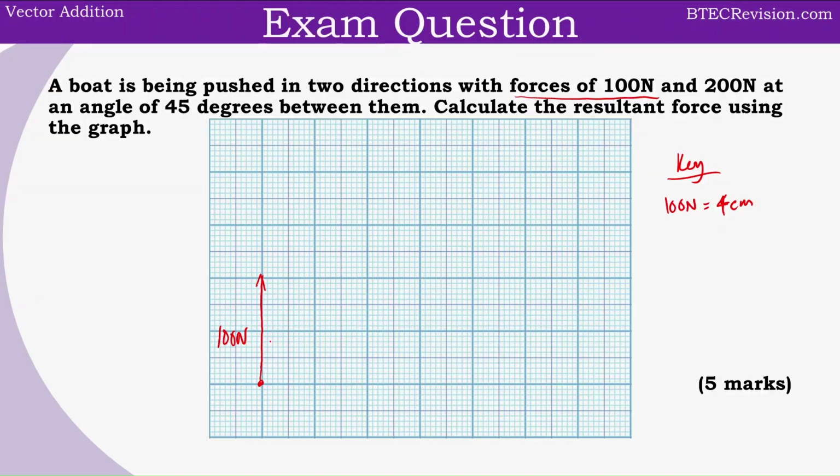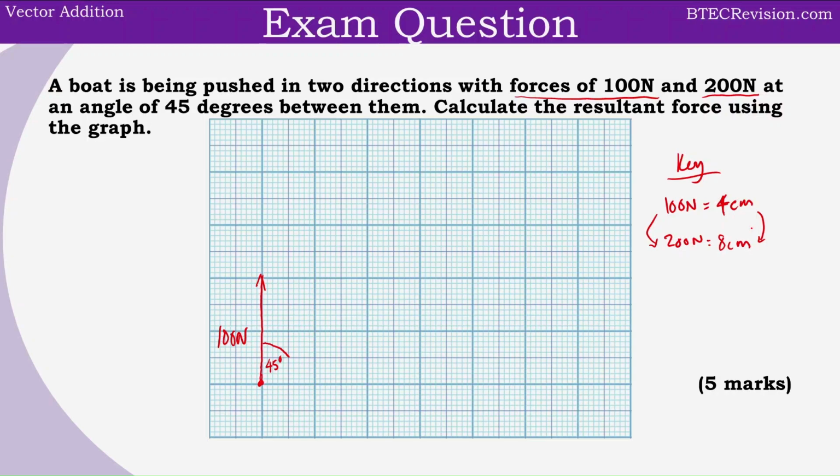For the next step, we're going to measure 45 degrees from the origin using a protractor. And now we can draw the next force vector, which is 200 newtons. And to get from 100 to 200, we times by 2. So therefore, we times 4 by 2, which is equal to 8 centimeters.